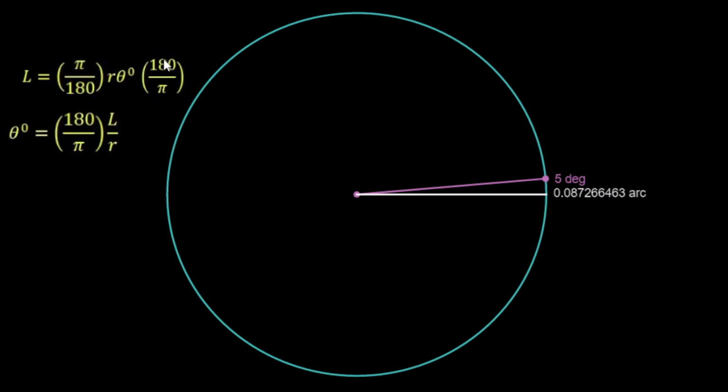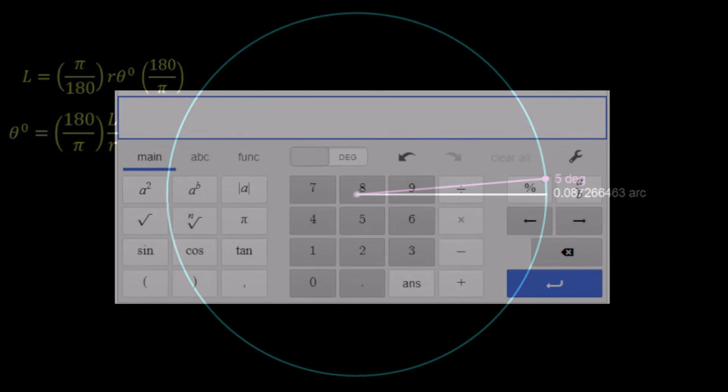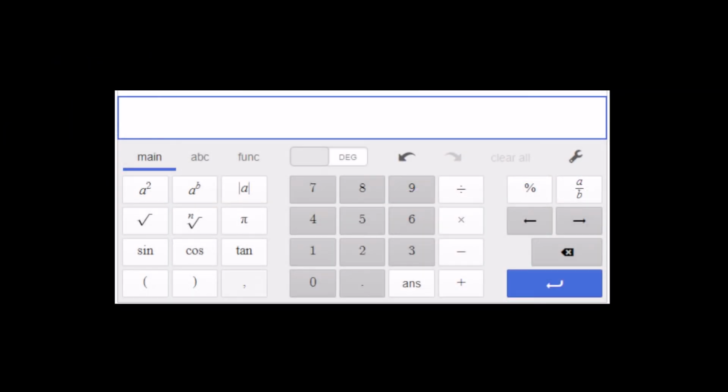So let's see what this value is on the calculator. So we're going to have 180 divided by pi. And you can see this is an angle of 57.29577 degrees. So let's put this angle into the simulator and we'll see what it gives us.